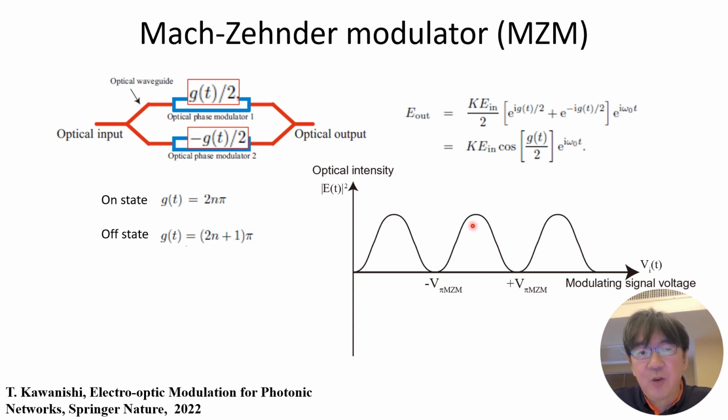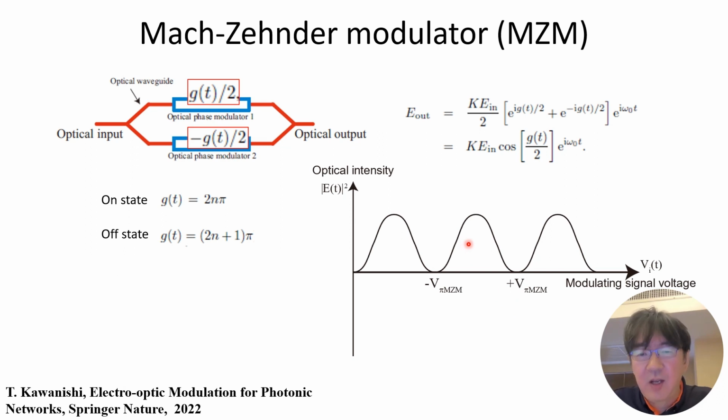And the half-wave voltage for the Mach-Zehnder modulator will be defined by this, from here to here. We need the Vπ, the half-wave voltage, to switch the optical modulator from the on state to the off state.